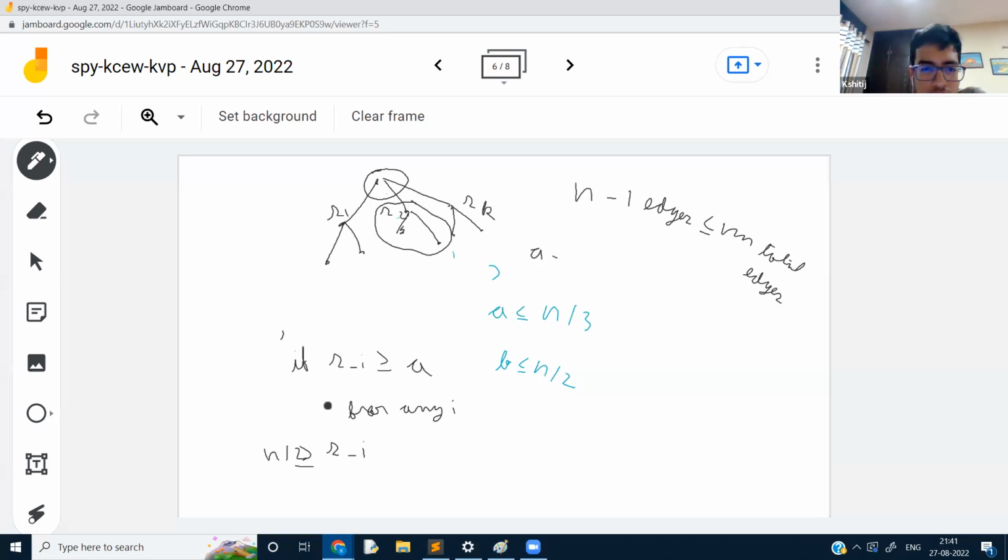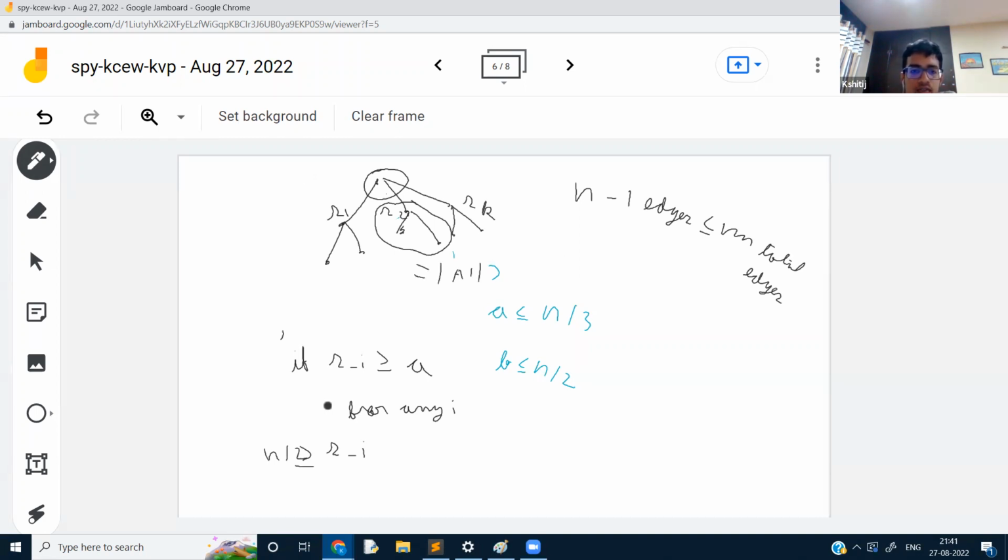If A is 3, let us ignore the exact values. The remaining size is at least n by 2, since Si is at most n by 2.